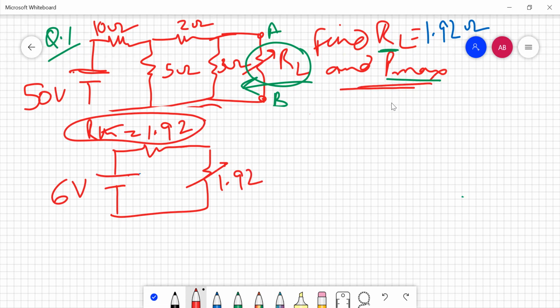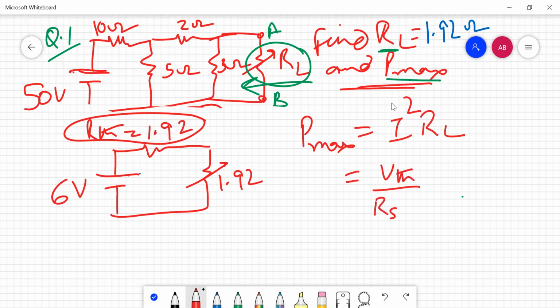Now our next step is to calculate the value of P max, that I already told you is equal to I square RL. So putting the value of I square, that becomes V Thevenin upon RS plus RL whole square, because I'm putting the value of I square only here, multiplied by the value of RL.